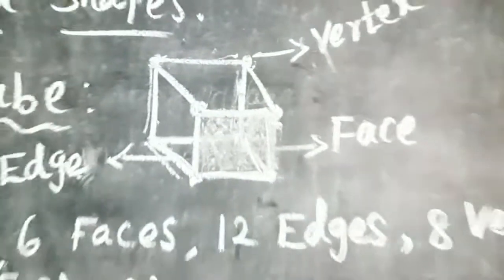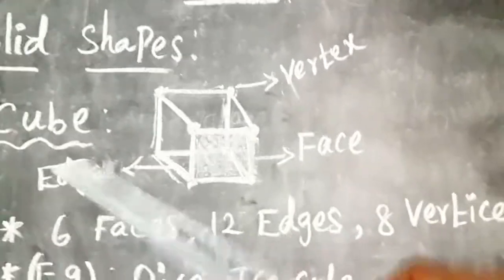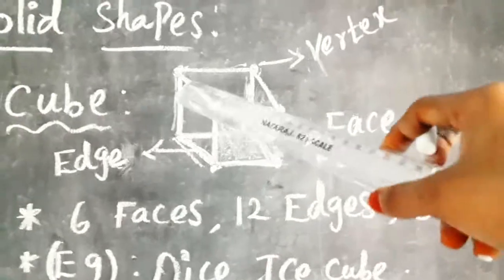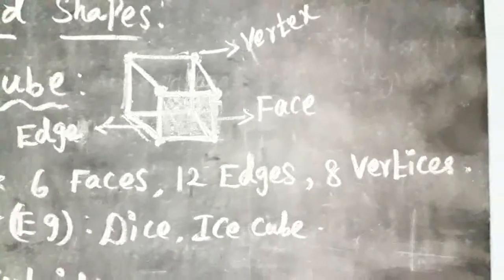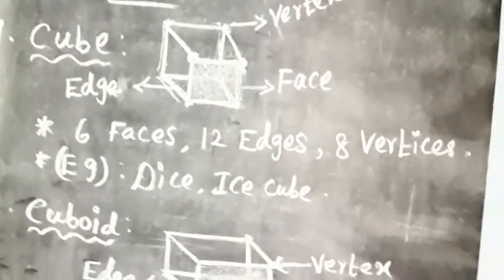So how many edges? Yes, 12 edges. Therefore, a cube has 6 faces, 12 edges, 8 vertices. For example, dice and cube.